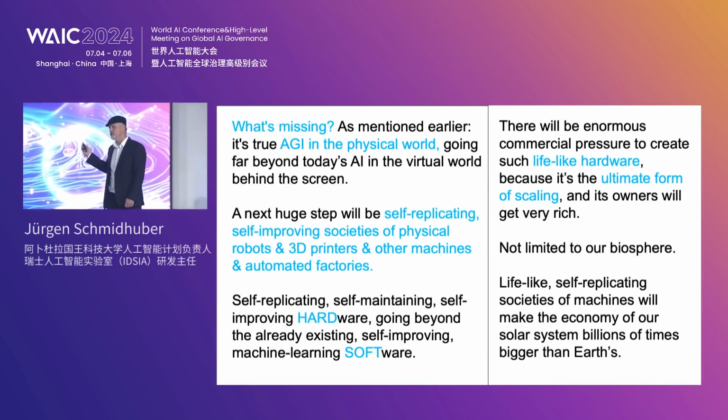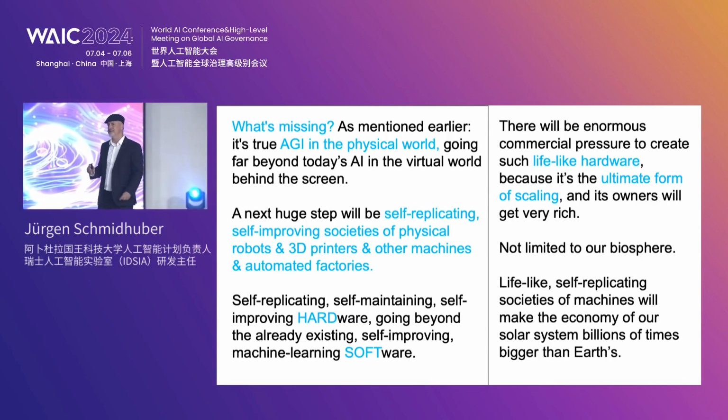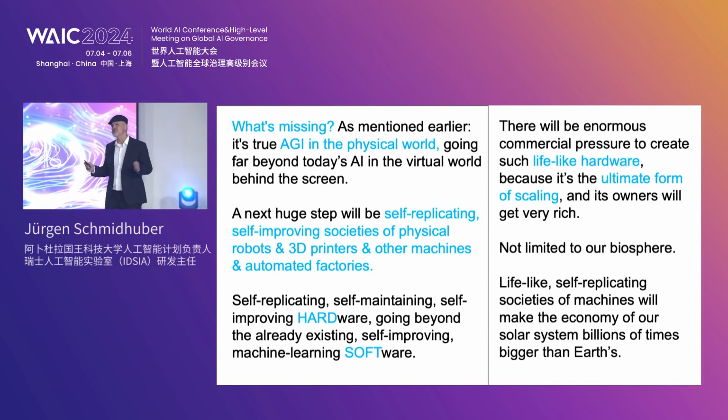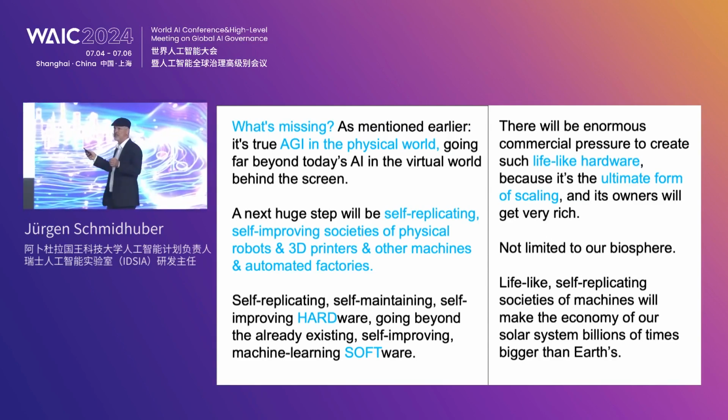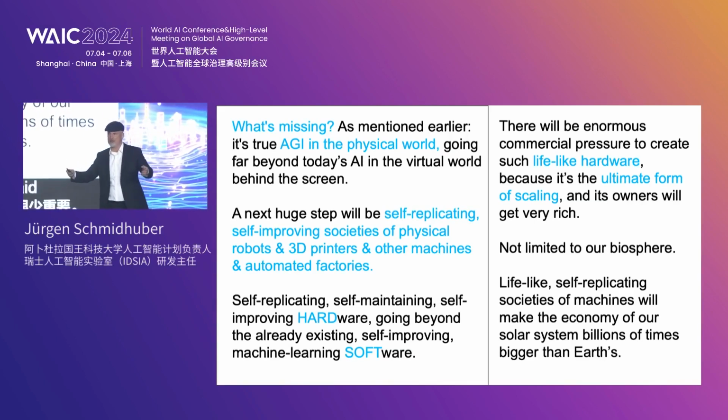And then a really important next step will be self-replicating and self-improving societies of machines, and 3D printers and other machines. Probably you know that 3D printers already can print parts of themselves, but we do not have a 3D printer that can print itself, because there are all kinds of parts in the 3D printers which cannot be printed.